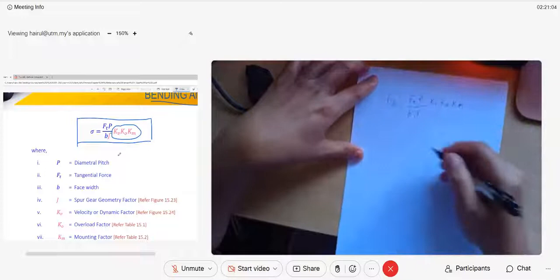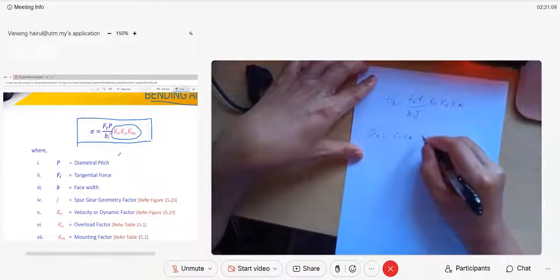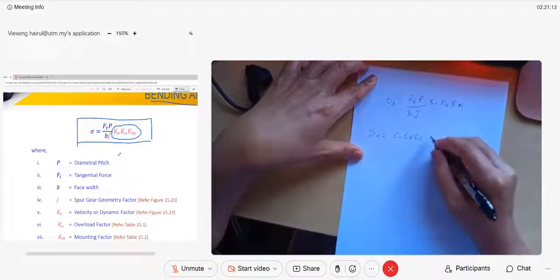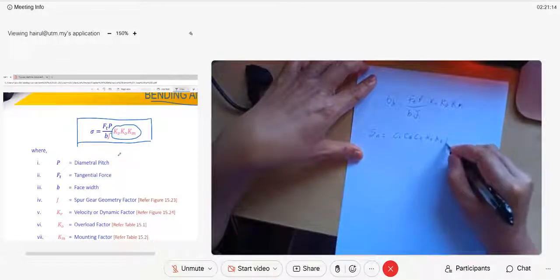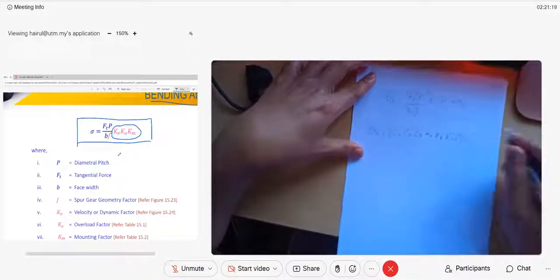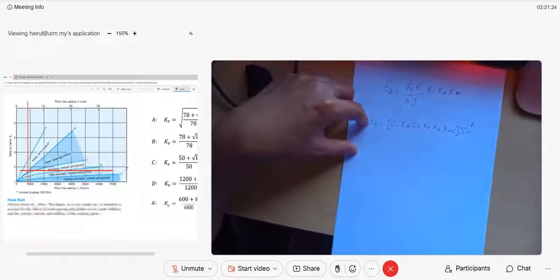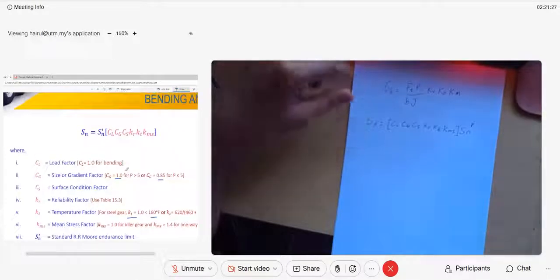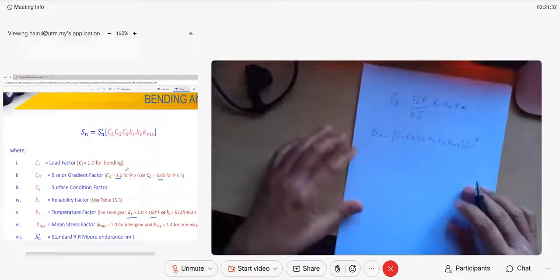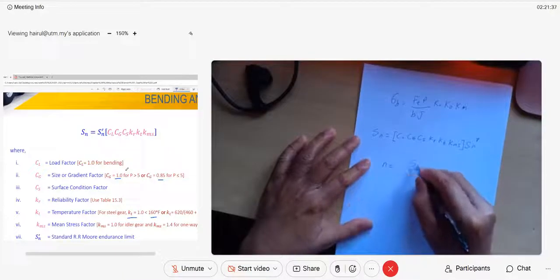Then you get your sigma B. Your SN is your SN prime times CL, CG, CS, KR, KT, KMS, which is the endurance strength of your gear. You calculate both, so you get your safety factor. Safety factor is your SN over sigma B. That's how you do analysis on bending.